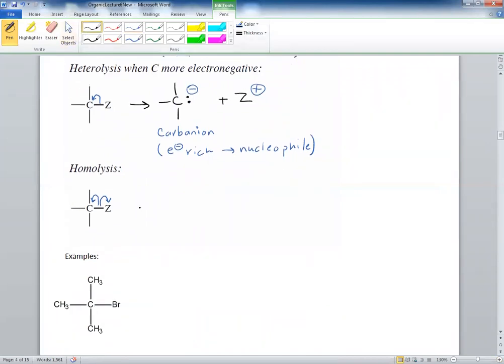So if it's divided equally, it means you split this pair of electrons between them equally. And I'll put that here so you can see it. So in this case, this is called a carbon radical. And it is electron deficient because it doesn't have 8 valence electrons.